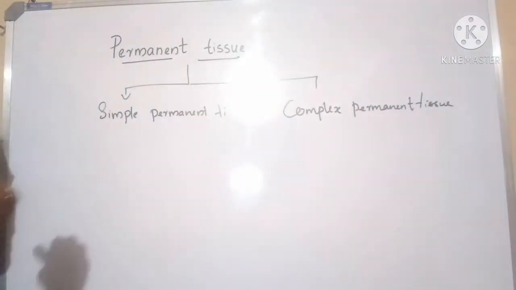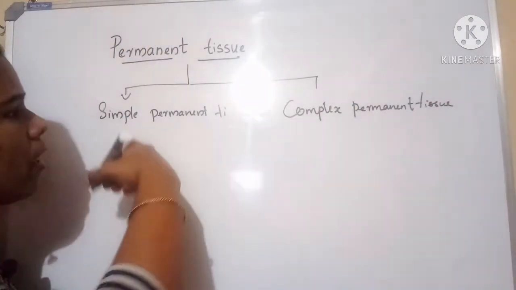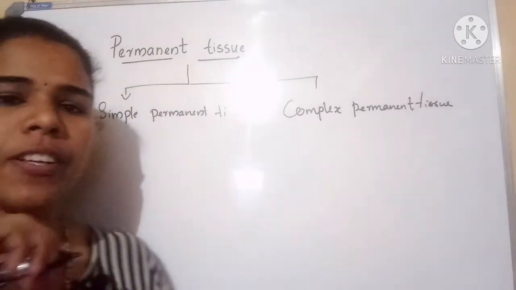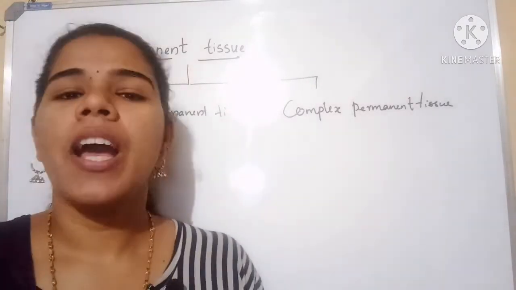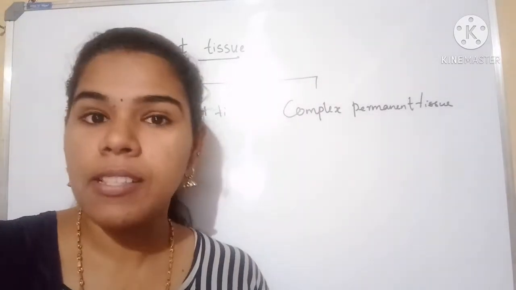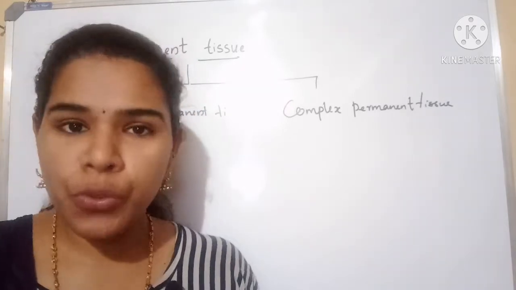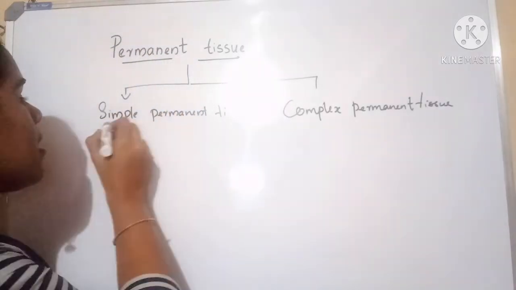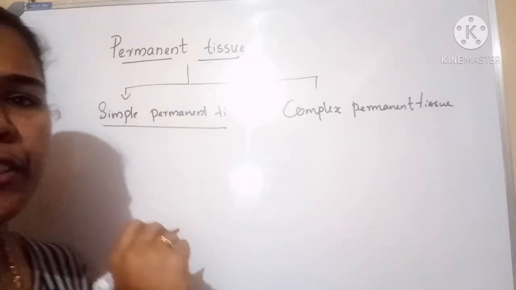These are the two types of permanent tissues. Today we learn about the simple permanent tissue.